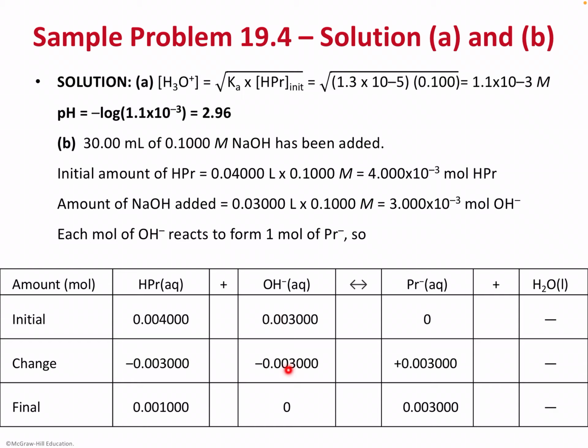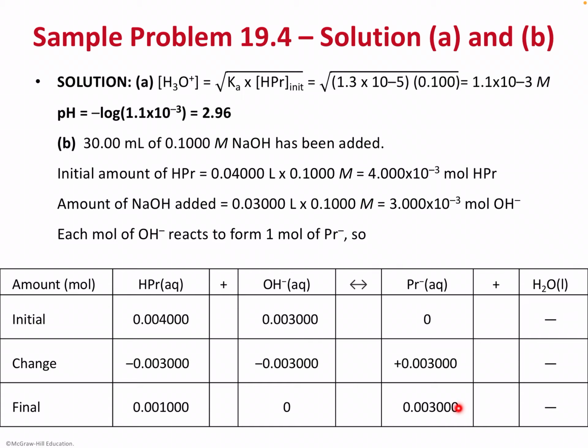Same thing for this one. And since the ratio is 1 to 1, if you react this much with HPr, you are going to make the same amount of propionate, plus 0.003. So the final is the difference, 0.004 minus 0.003, 0.001. Hydroxide will not be there, it all reacted, and the propionate would be this much made.